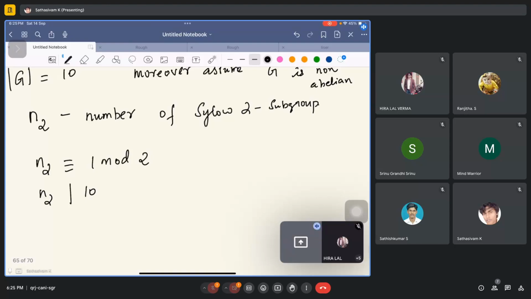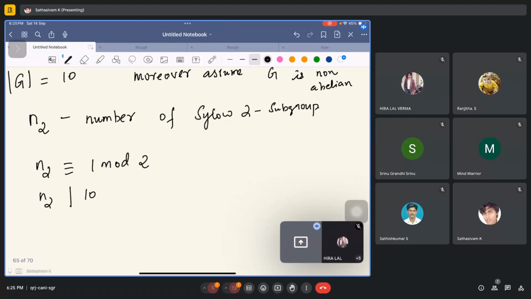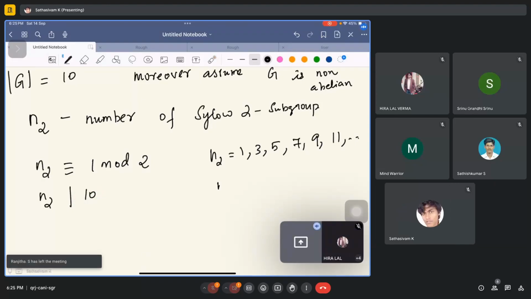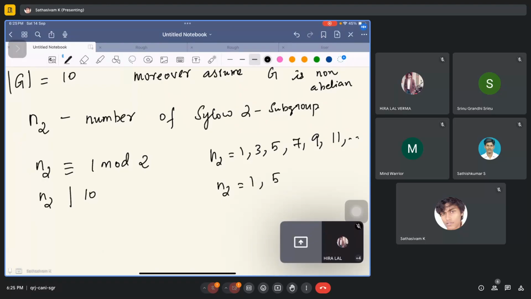So n2 is congruent to 1 mod 2; 1 mod 2 is basically odd numbers: 1, 3, 5, 9, 11, etc. But it has to divide 10, so the only possibilities are n2 equals 1 or 5. Right, so these are the only possibilities.